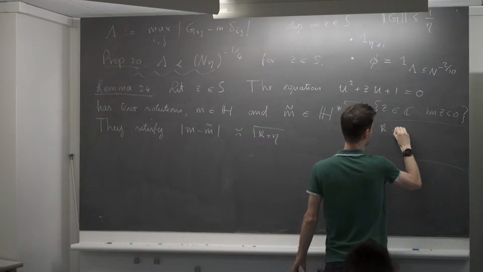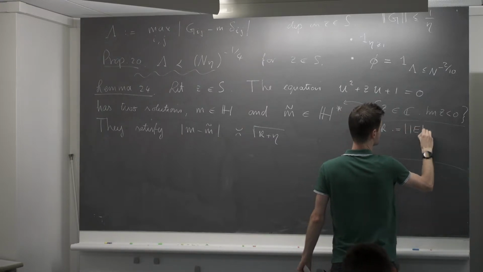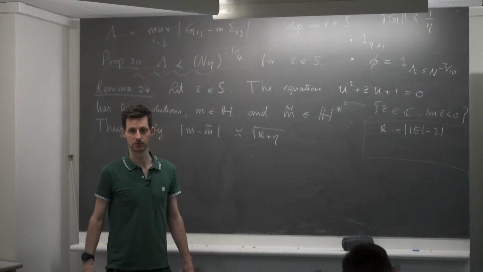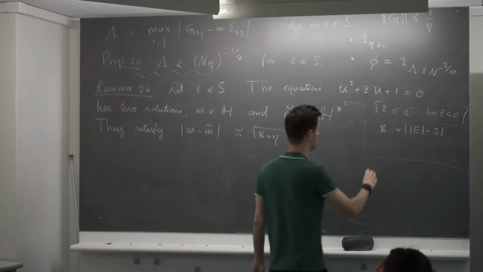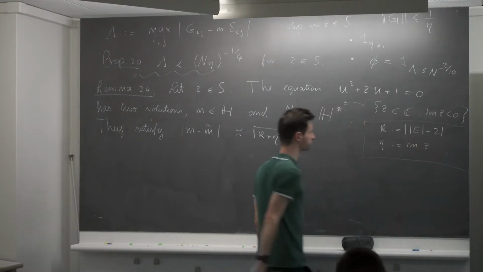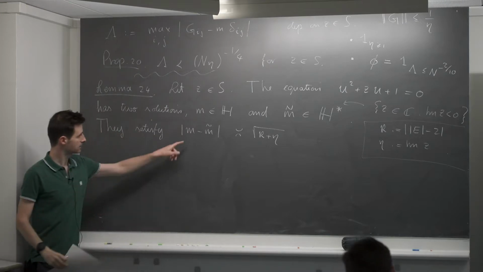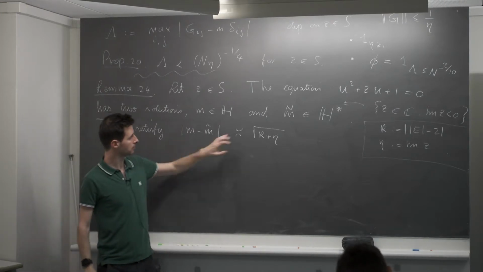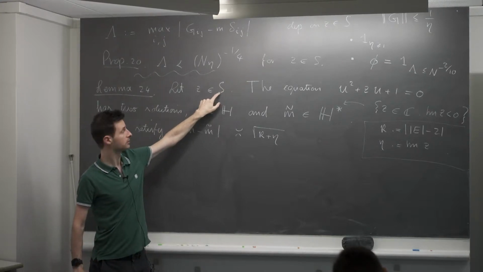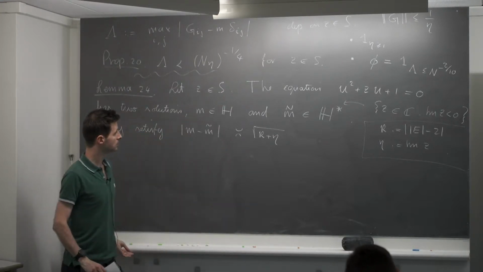Kappa was the distance of the real part of z to the edges of the spectrum, plus minus 2, and eta is the imaginary part of z. So this behaves in that way. Up to some constant which can depend only on the kappa, the implicit kappa in the definition of S, this holds. So they are separated.